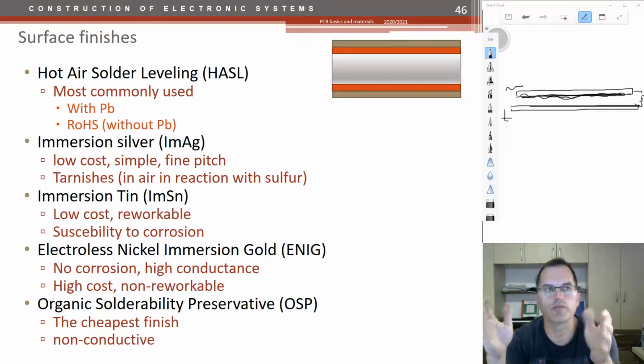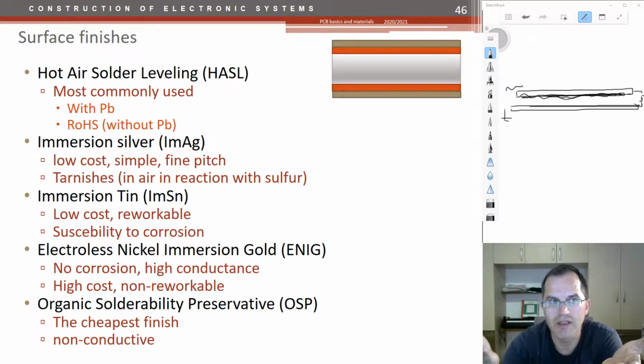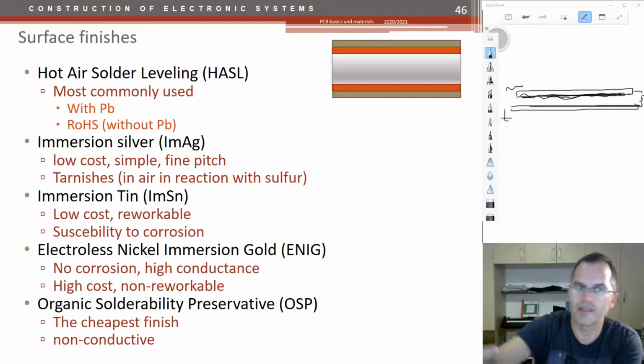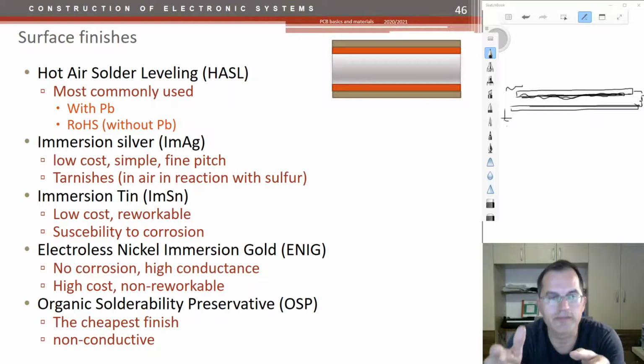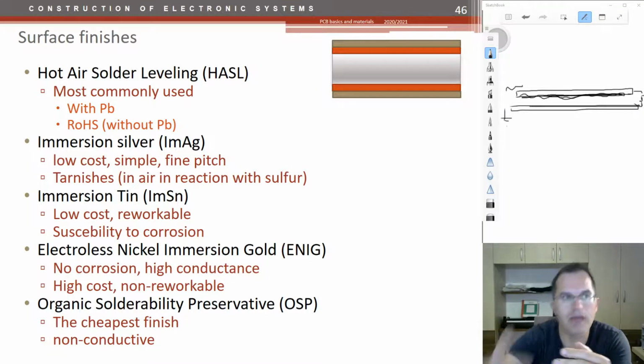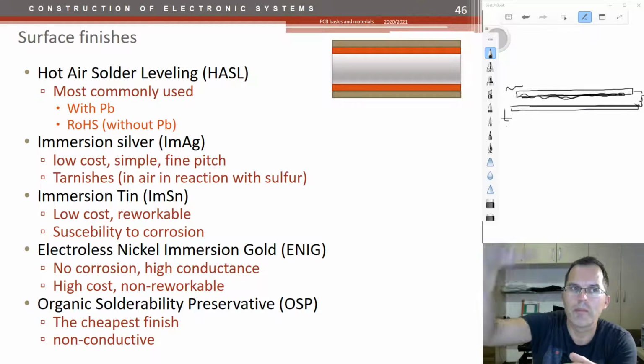I'm talking about protecting the exposed copper where you solder on. And this copper, of course, you put components on and solder them, and then it is protected. But this surface finish protection is for the time when you produce the PCB and before you actually put the components on.